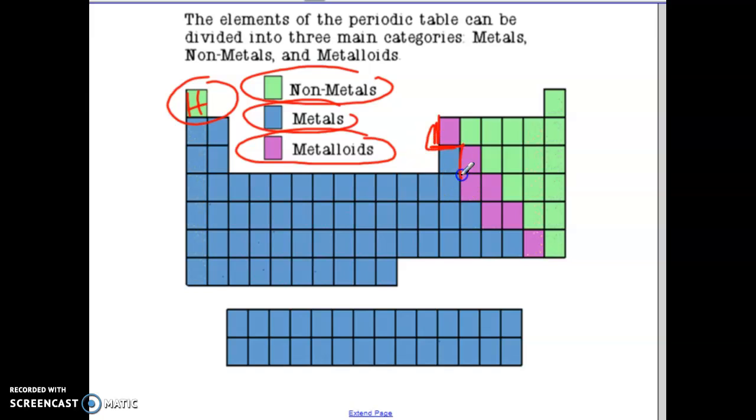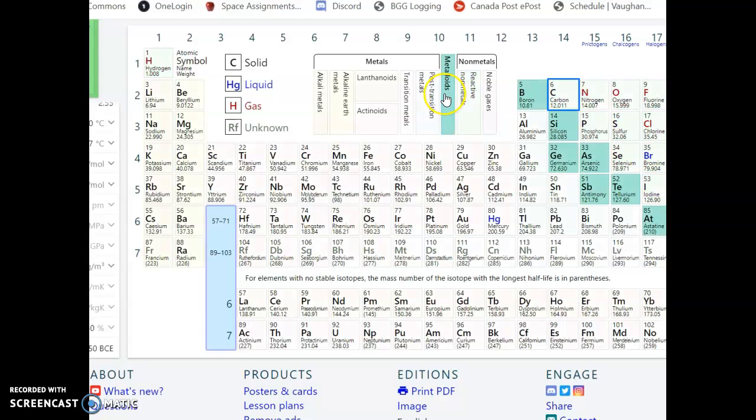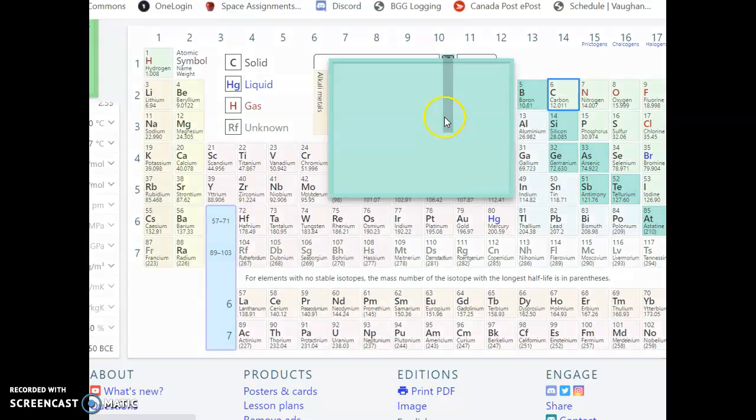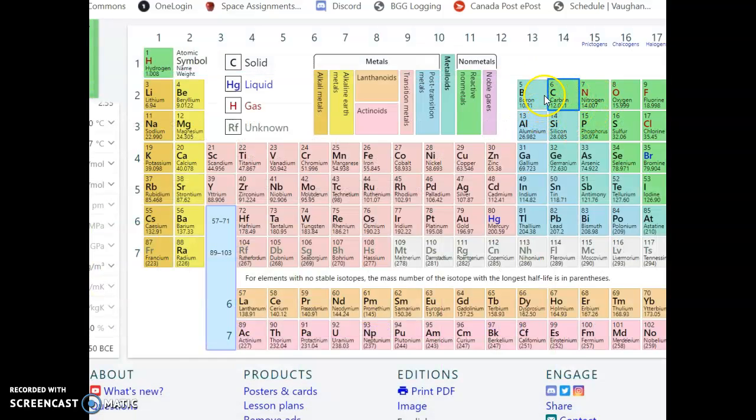So basically, every periodic table has what's called this staircase. Let me see, does my online version have the staircase? Technically not. But anyway, the staircase begins here, where boron is, and it works its way down.